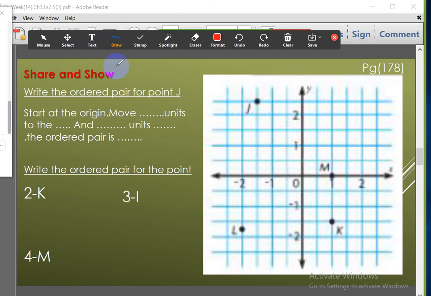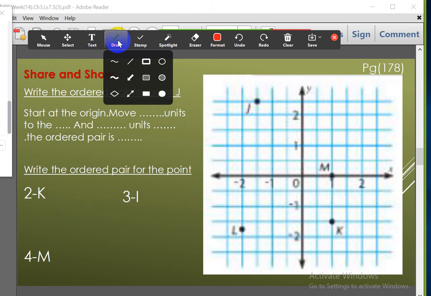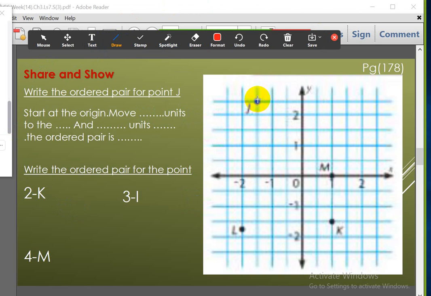Let's see how I will find the x coordinate. You remember, this is share and show on page 178.